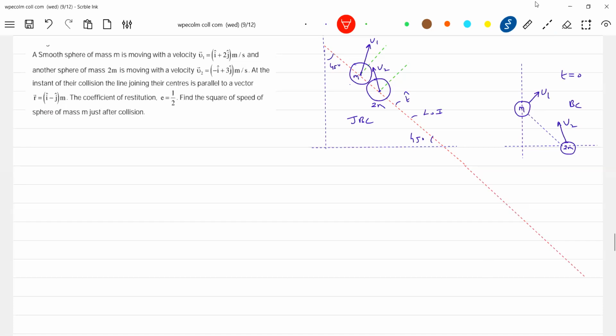I'll continue the diagram here, just after collision. Which components, the normal component will not change, V2N. Tangential components will be V1T.